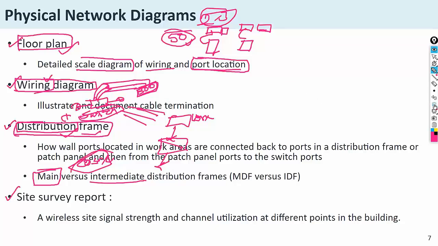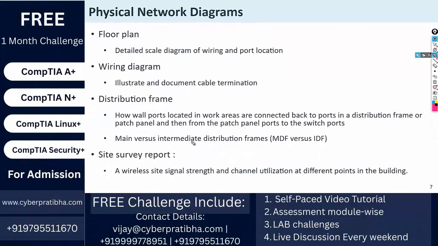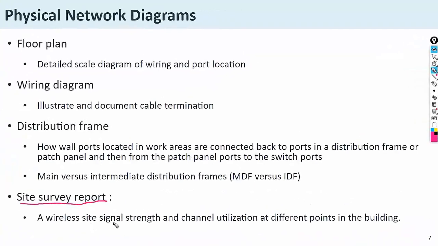One more thing, you will have to submit your paper or create your documentation on the site survey report. A site survey report is the type of report we have discussed already in the wireless medium, where it is necessary to identify the strength of the signal at a specific location, meaning the site where you are going to establish the access point.